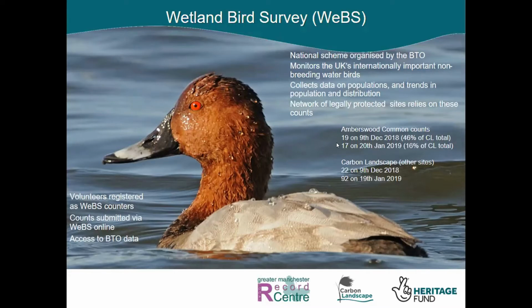And whilst these numbers might not seem particularly large, if you compare the dates, on 9th December there were 19 pochard on Amberswood Common Lake, but there were only 22 in total across the whole of the Carbon Landscape. So this is a species whose wintering population has declined massively.